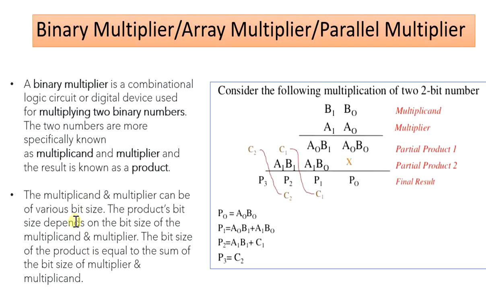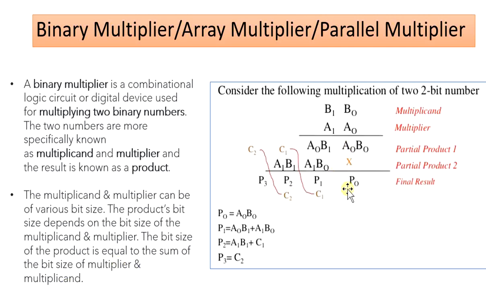So as I specified earlier, the multiplicand and the multiplier can be of various bit size. The product bit size depends upon the bit size of the multiplicand and the multiplier. So the size of P will depend upon the size of A and B. The bit size of the product is equal to the sum of the bit size of the multiplier and the multiplicand.